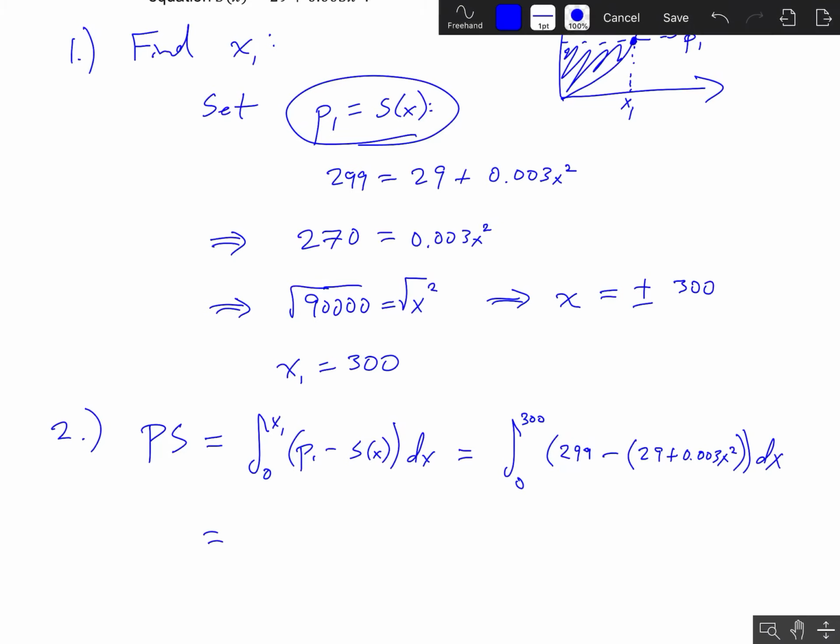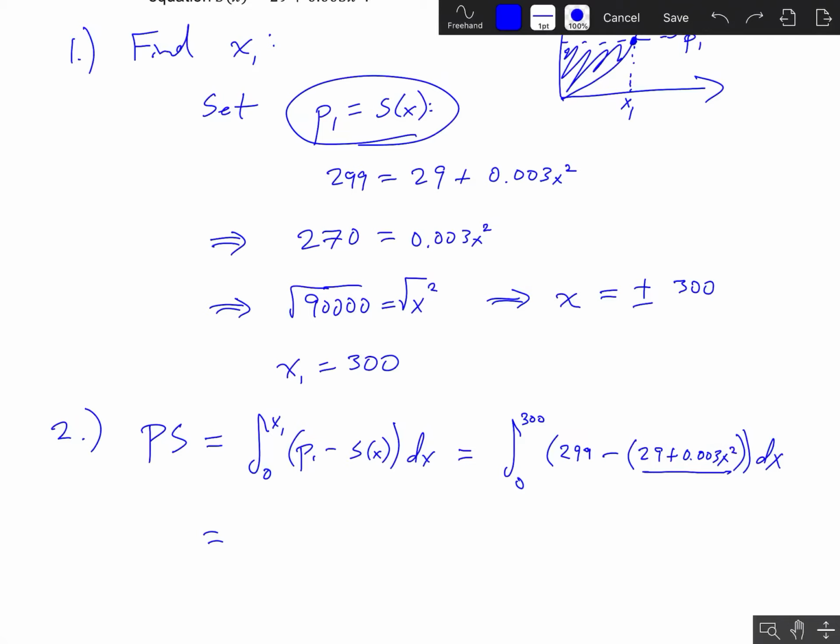Now again, I'm going to clean up this expression a little bit. Be careful here because when you subtract S, so when you have minus S of X, this minus sign is going to distribute to all of S of X. In other words, it applies to this entire expression that follows.